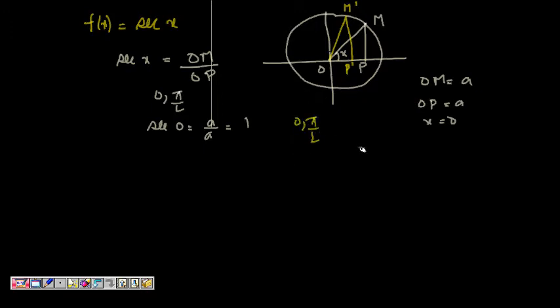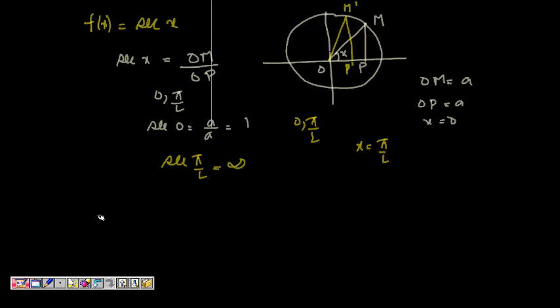And what happens at x equal to pi by 2? OP almost becomes 0, so it tends to 0, and hence sec of pi by 2 is infinity. It tends to infinity there, so it is asymptotic.